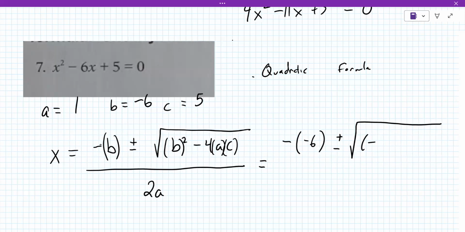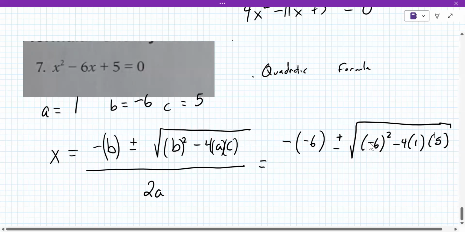Okay, so that's negative 6 squared, minus 4 times 1 times 5. Follow that one more time, however you do that with your finger on your paper.